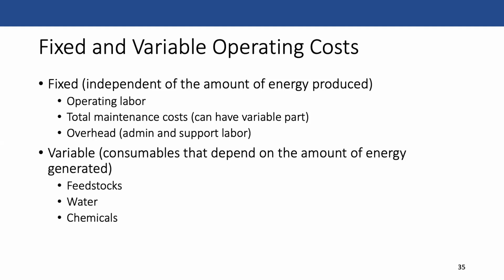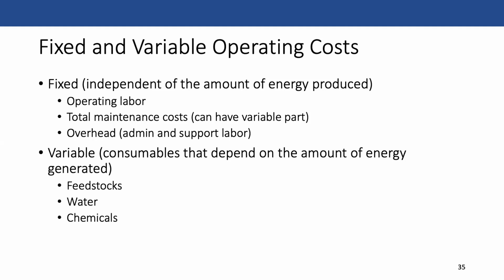So in the example of the car, a fixed cost might be something like oil maintenance, right? So it's kind of variable because they tell you, oh, get your oil changed every some number of miles, but it's also kind of fixed because they say get your oil changed every 6 months or whatever the amount of time is, right?